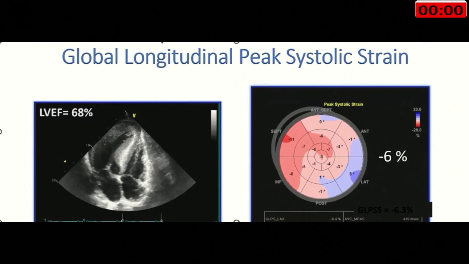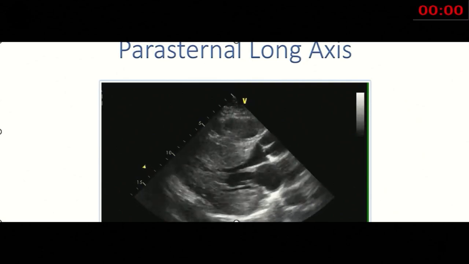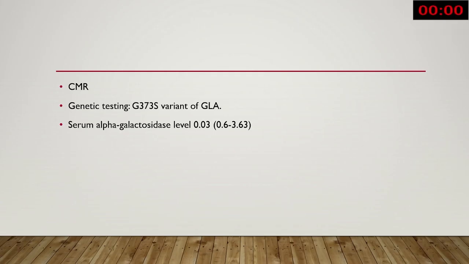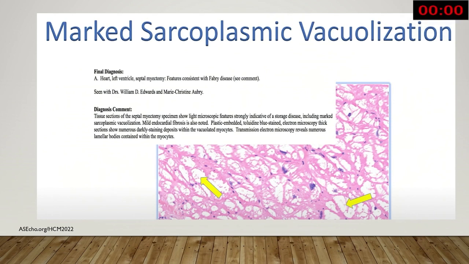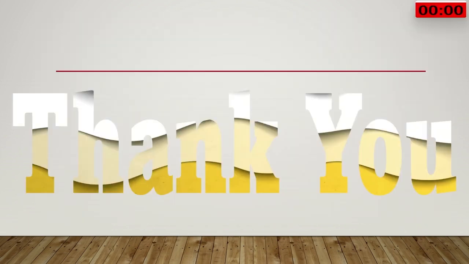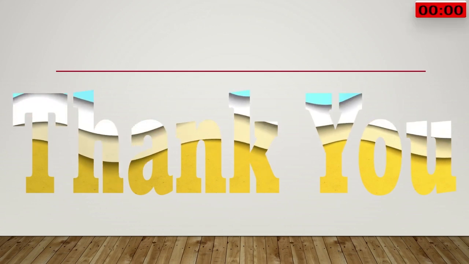Then, can you see there's no sherry on top. So, this patient with CMR confirmed the diagnosis of Anderson-Fabry, with genetic testing and lab also confirming the diagnosis. Septal reduction surgery and the pathology confirmed the diagnosis, it's Anderson-Fabry disease. Thank you.